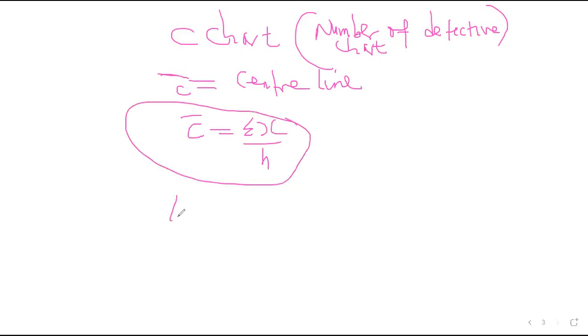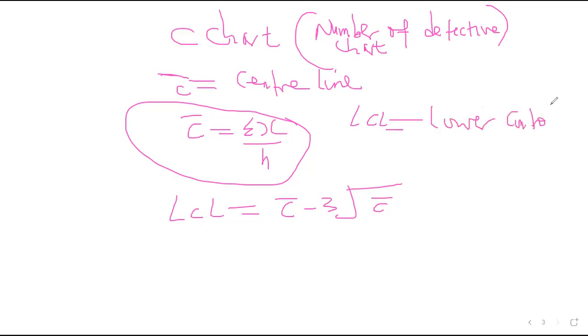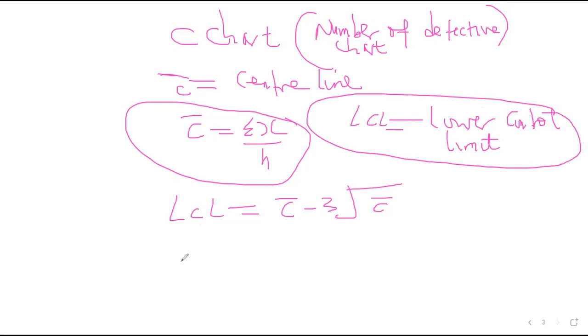Then the lower control limit, LCL, is equal to C bar minus 3 times the square root of C bar. Then upper control limit is equal to C bar plus 3 times the square root of C bar.